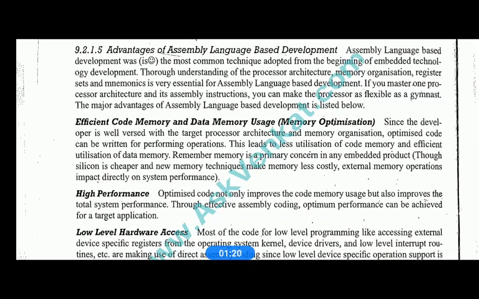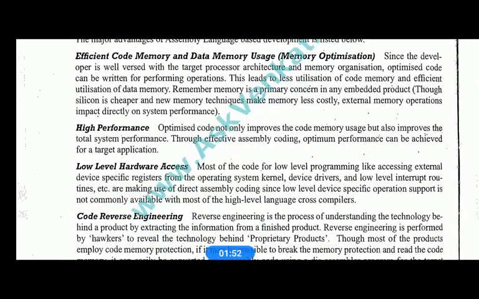You should know each and everything while writing the program. So if you know the internal architecture of the controller or processor you are using in the embedded system, you can easily reduce the usage of memory, whether it is code memory or data memory.